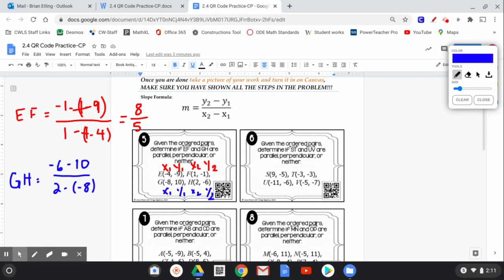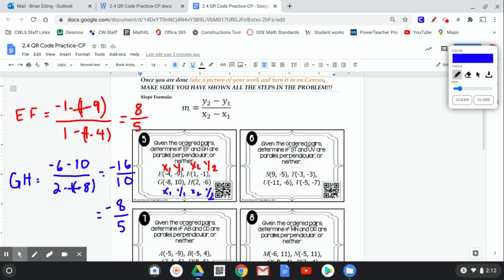So -6 minus 10, 2 minus a -8. Doing that, that's going to give you -16 over 2 minus a -8. That's adding, so that's 10. So then when we reduce this, -16 over 10, they're both even numbers, so we can reduce it down to -8 over 5. Okay, -8 over 5.